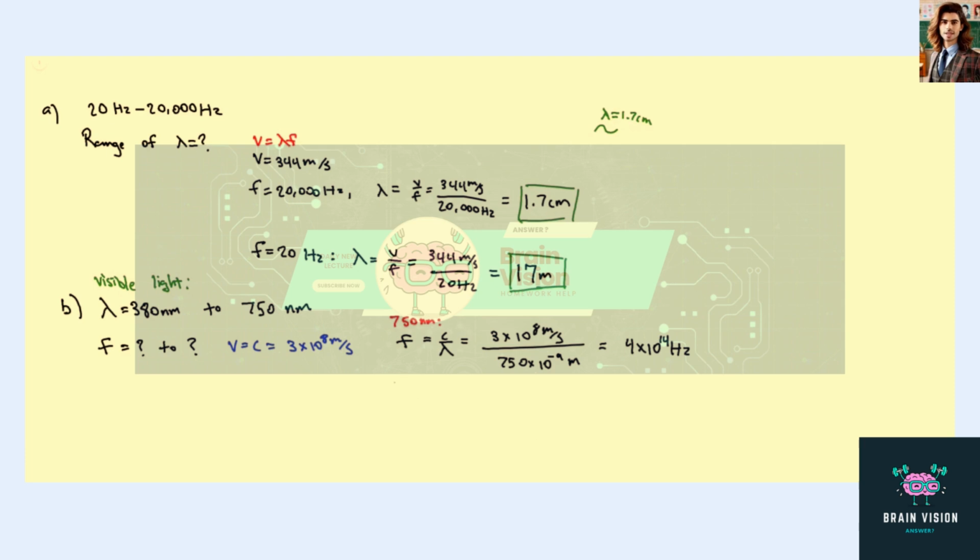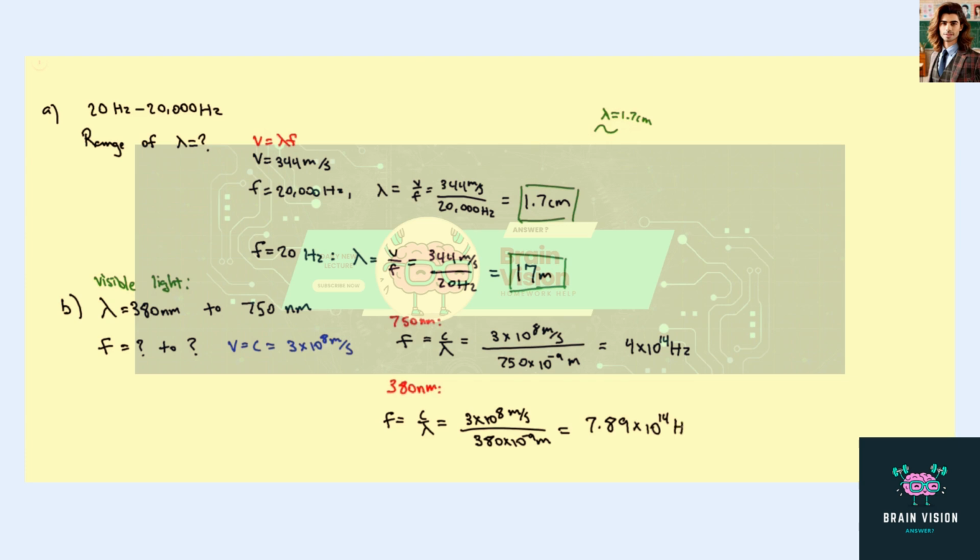So for 380 nanometers, we do the same thing. f is equal to c over lambda, which is 3 times 10 to the 8th meters per second, divided by 380 times 10 to the minus 9 meters, which is about 7.89 times 10 to the 14 hertz.